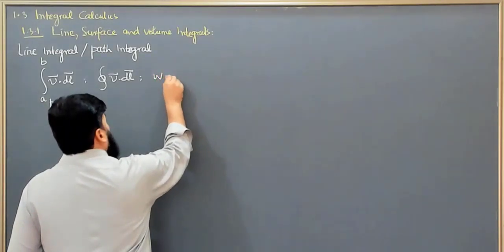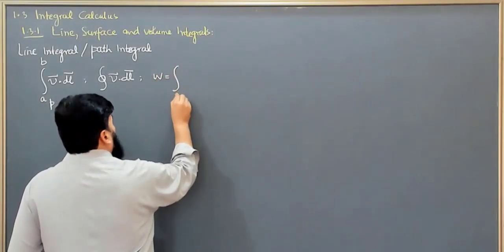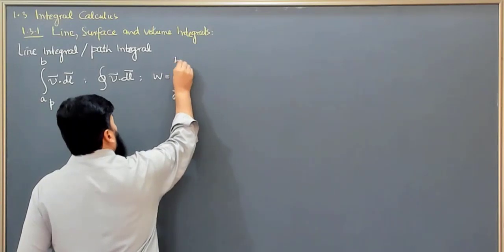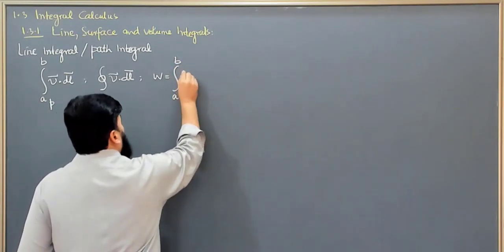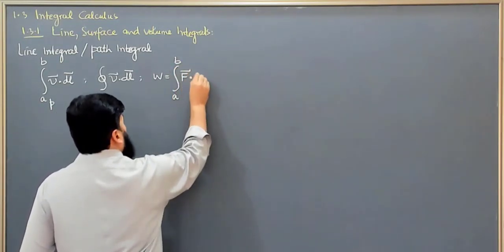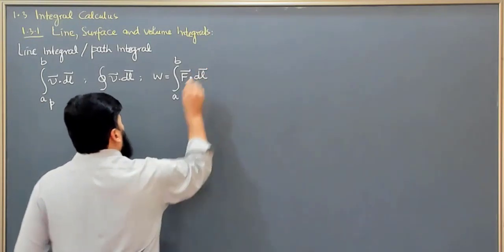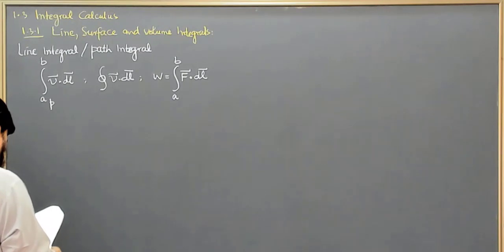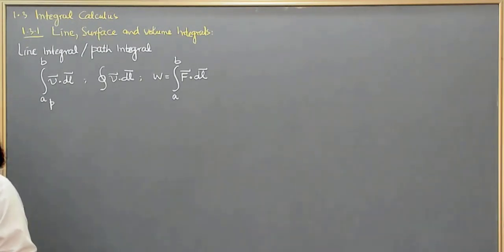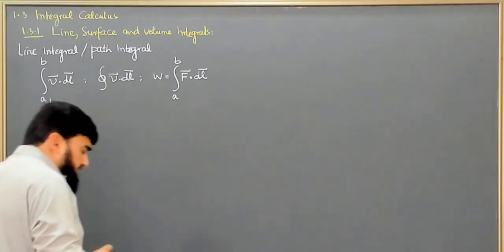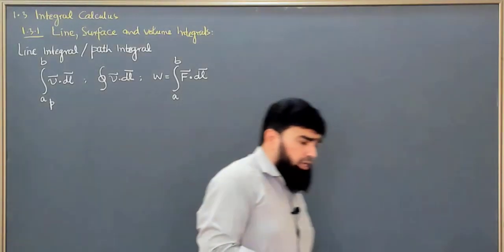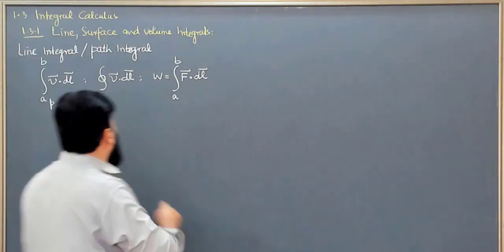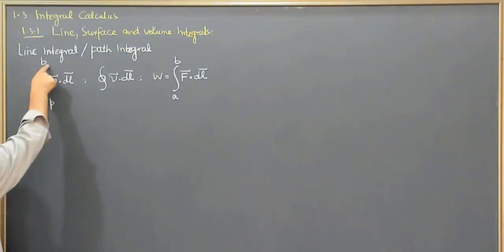Work we write as the integral from a certain point to another point of F dot dl. So this is the work done along the length element, and we know that the path integral critically depends on the path taken from A to B.